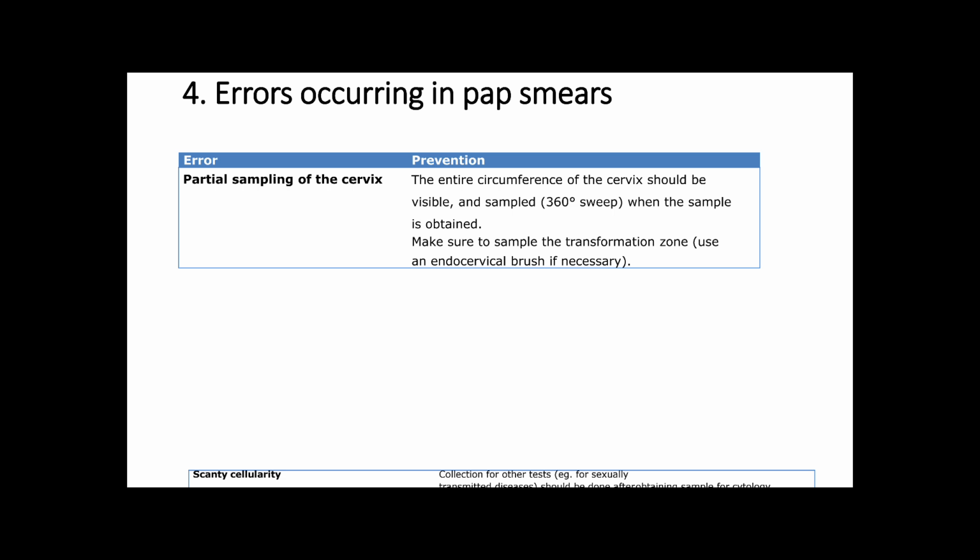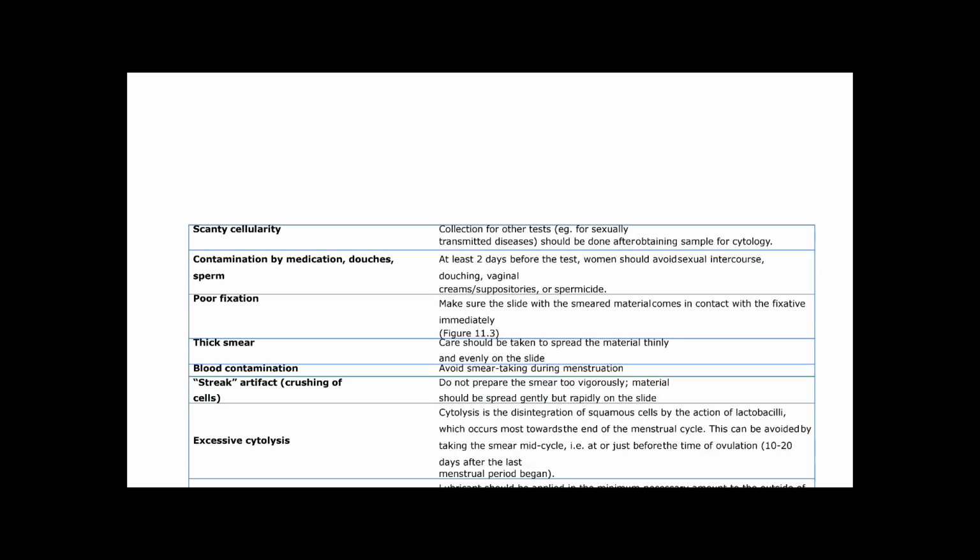Make sure to sample the transformation zone. Use an endocervical brush if necessary. So next problem is scanty cellularity. How to prevent this?